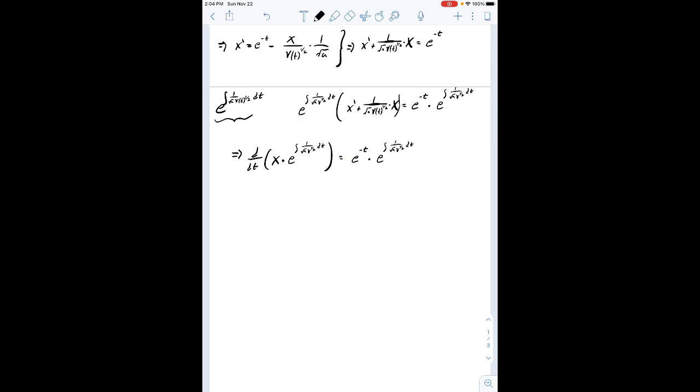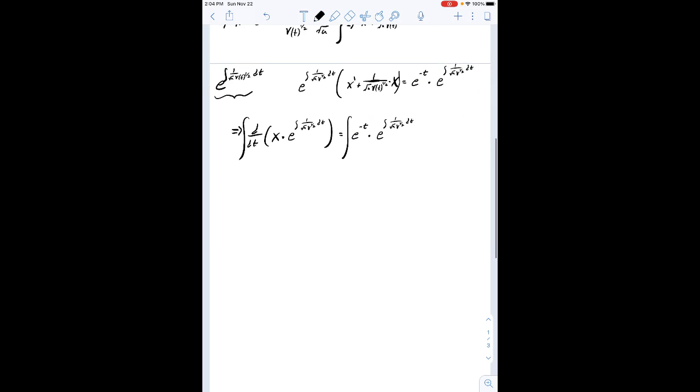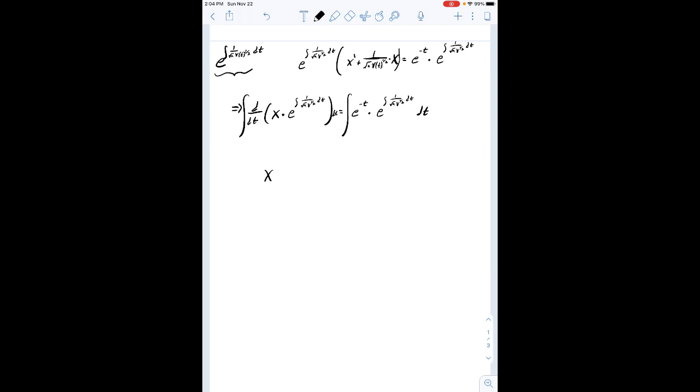And then to get rid of a dt, again, slap an integral on each side with respect to time. So the integral and that cancel out, so we get x. I should just copy this.